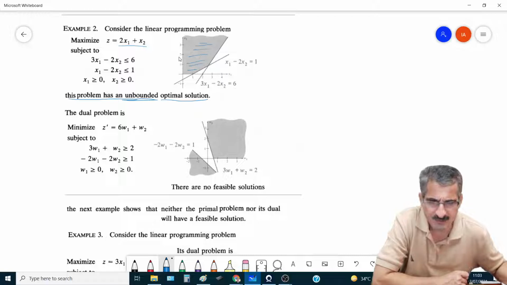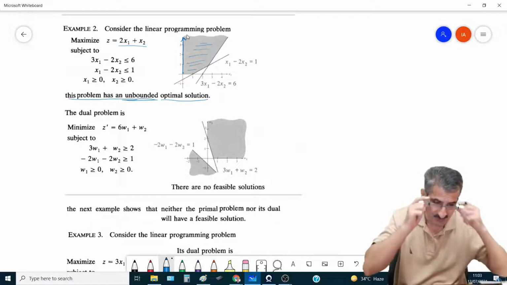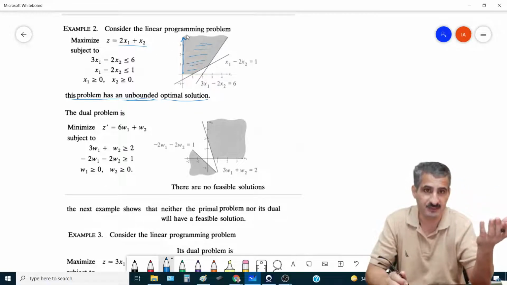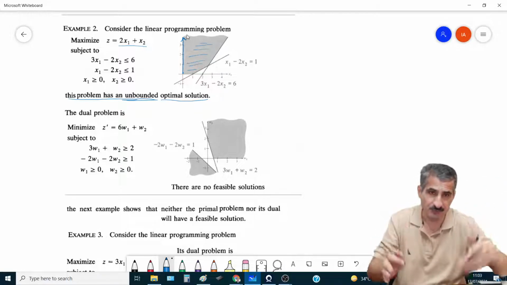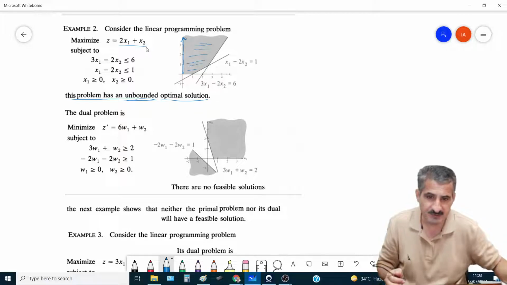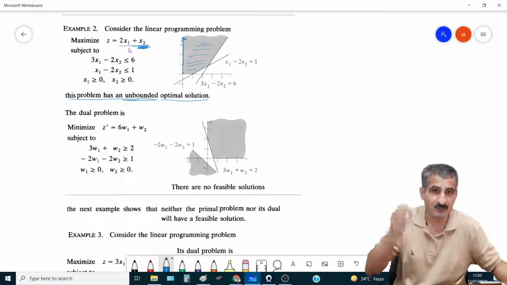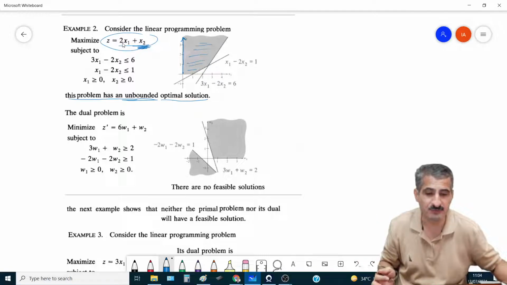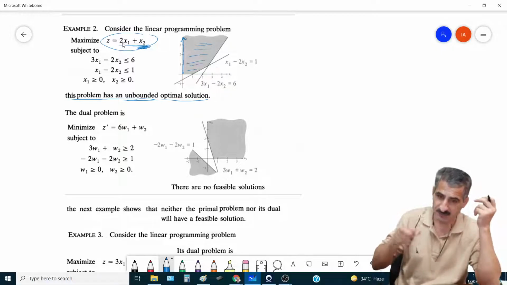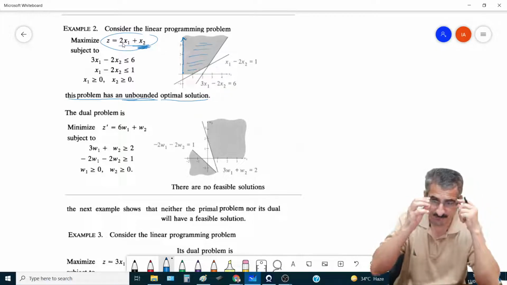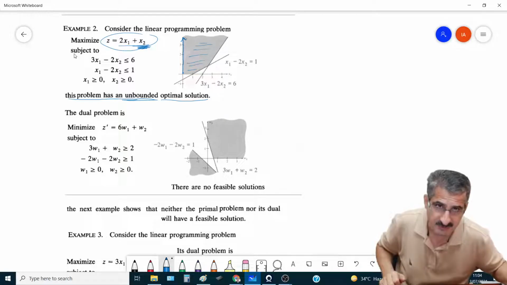For example, if we keep going in the y-axis, which means x2 is increasing and goes to infinity, all these points are optimal solutions, which means x2 can go unbounded. So that means z can go unbounded because both x1 and x2 are positive. So this problem has an unbounded optimal solution.